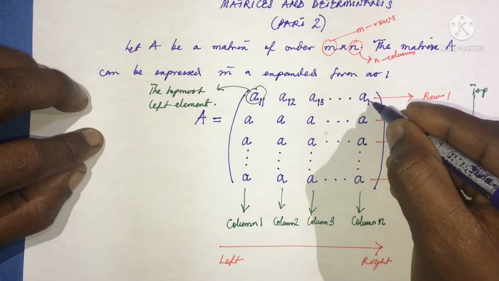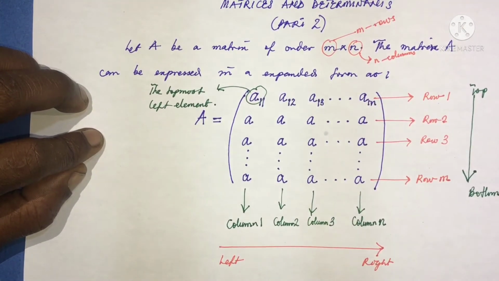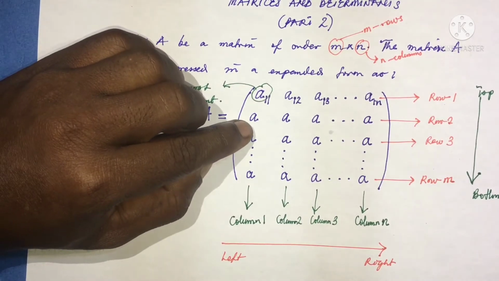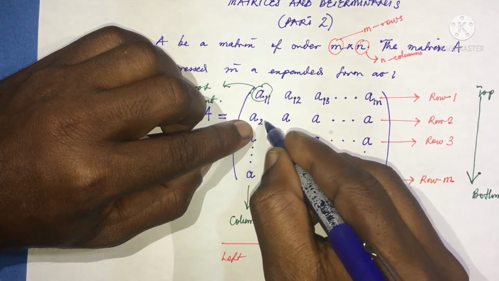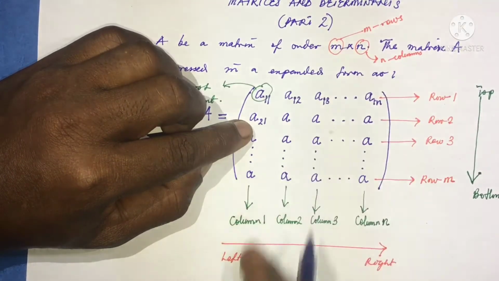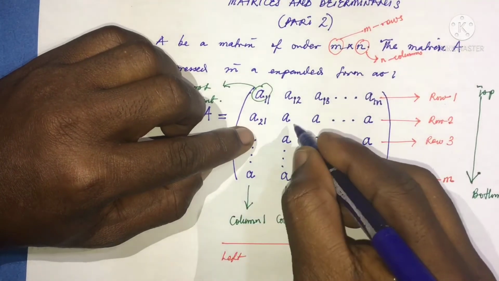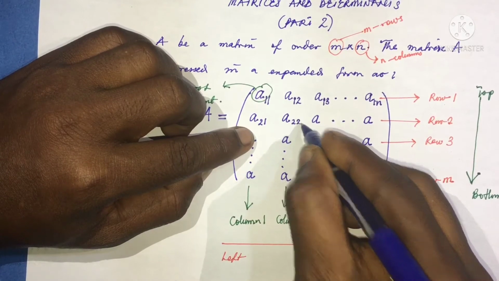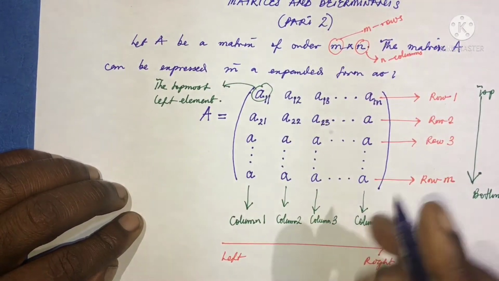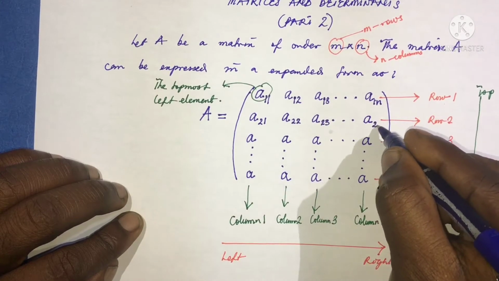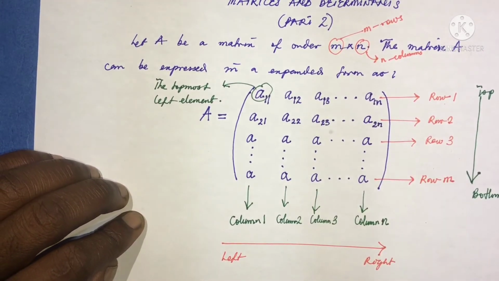So I'm going to put here 1n. Now, coming over to this element, you will notice it finds itself in row 2. So this is row 2, column 1. This is row 2, column 2. This is row 2, column 3, okay? And this is row 2, column n, okay?